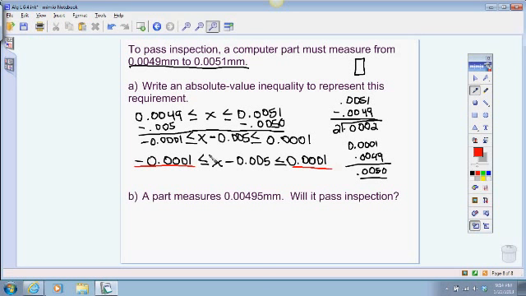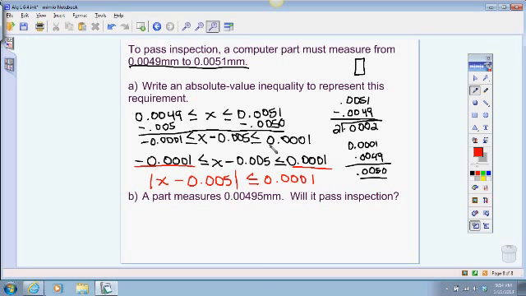That's like saying the absolute value of x minus 0.005 has to be less than or equal to 0.0001. Remember, less than because it's in between. When we were first learning to solve absolute value inequalities, if it's less than, it lies between two things, and the absolute value is always positive.